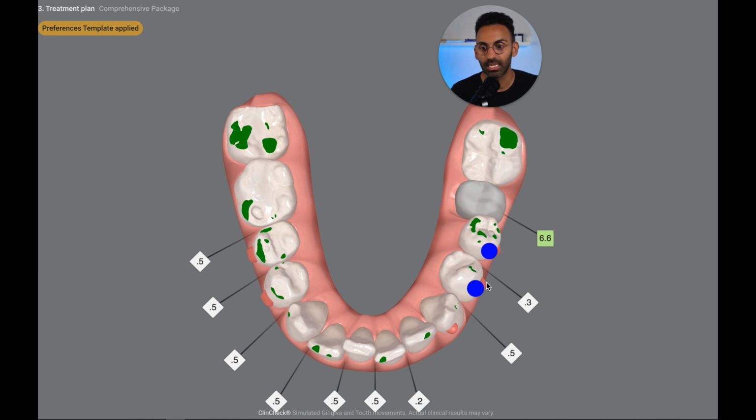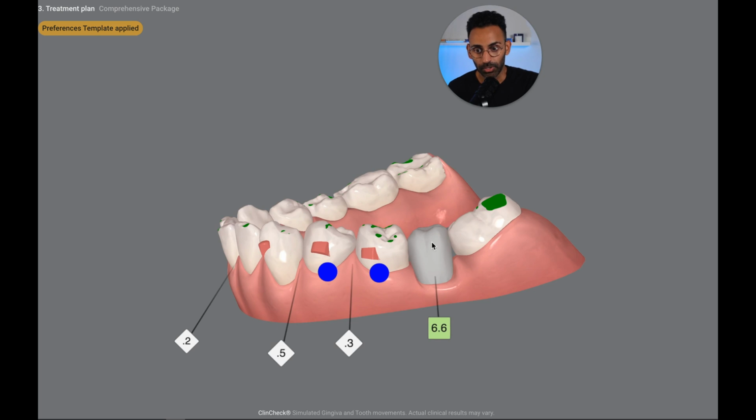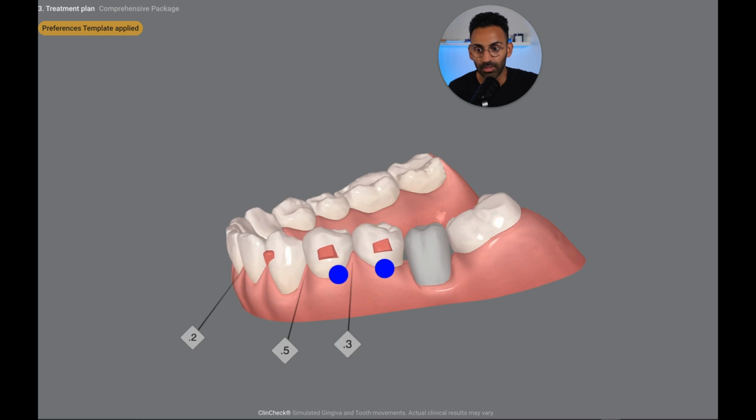And so I say that because what you want to do is you want to do movements that are going to improve the situation. And so if we're gaining space or there's some other benefit by rotating this in, by all means do it. If there's not any main benefit, then I would say maybe we keep it as is. And I don't know what the long-term plan is restoratively for this, but you're starting off with 6.6 millimeters of space between those teeth, and you're getting 7.3.